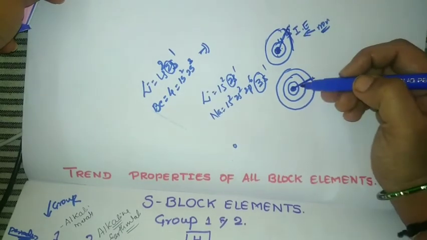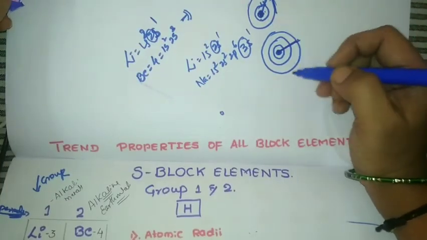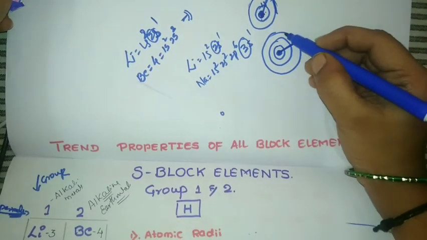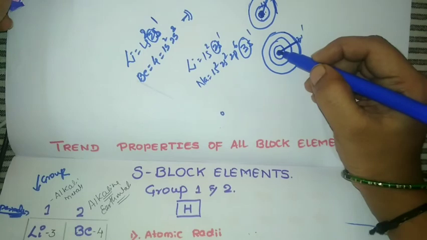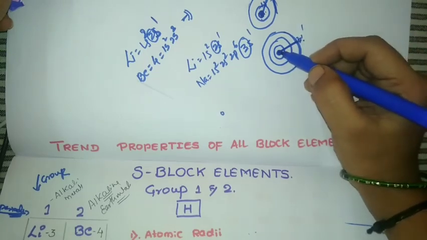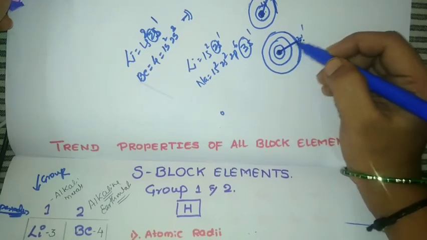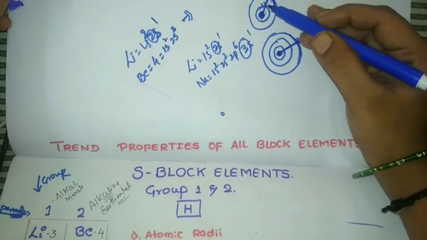Similarly, come to sodium. What happens to sodium compared to lithium? The size of sodium is larger, a bigger one. The electron is present at 3s1. Since the distance is more and the size is more, the protons present in the nucleus will not exert their force on the outermost electron as much as in lithium.